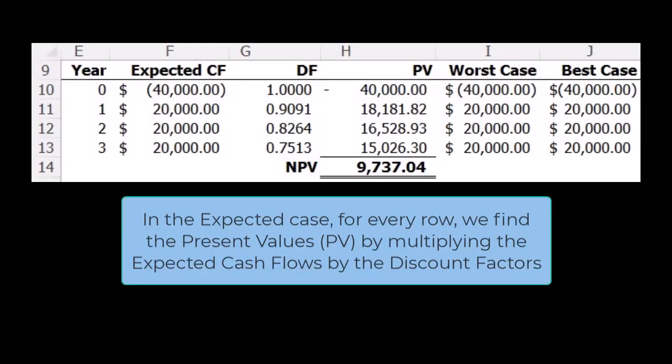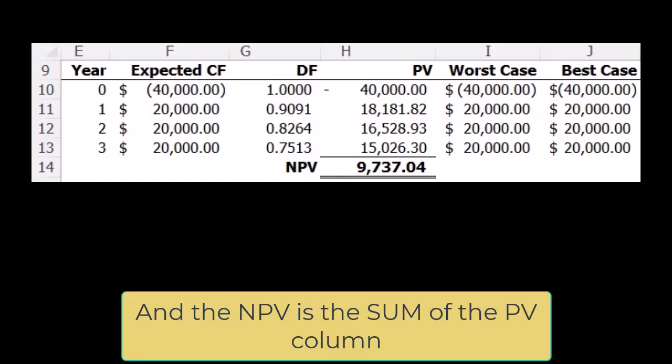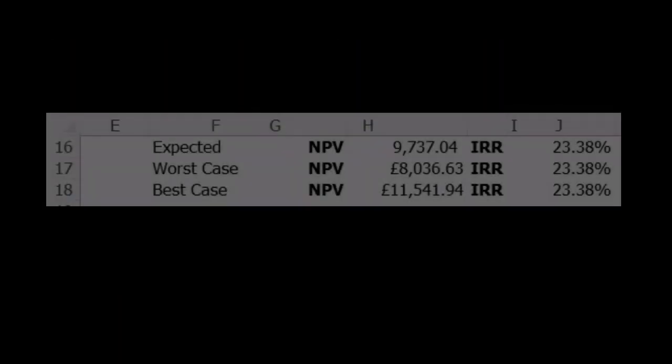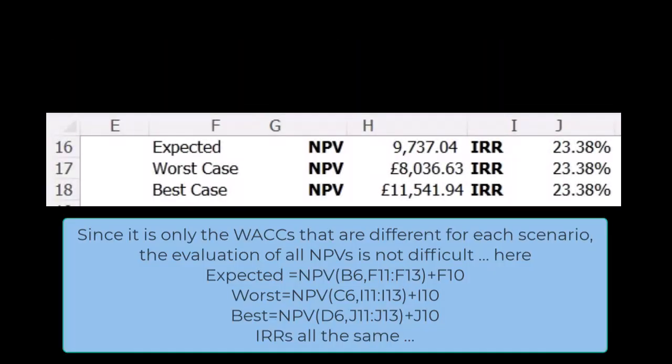In the expected case, for every row, we find the present values, PV, by multiplying the expected cash flows by the discount factors. And the NPV is the sum of the present values, the PV column. Since it's only the WACCs that are different for each scenario, the evaluation of all NPVs isn't difficult.